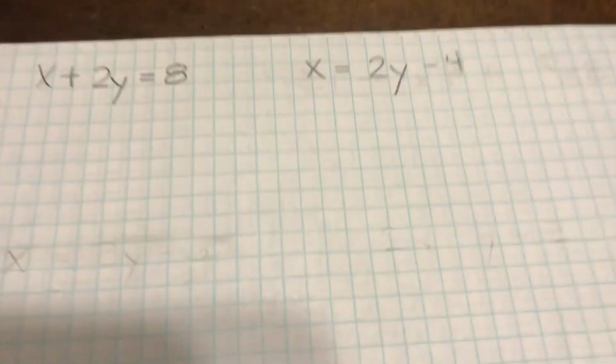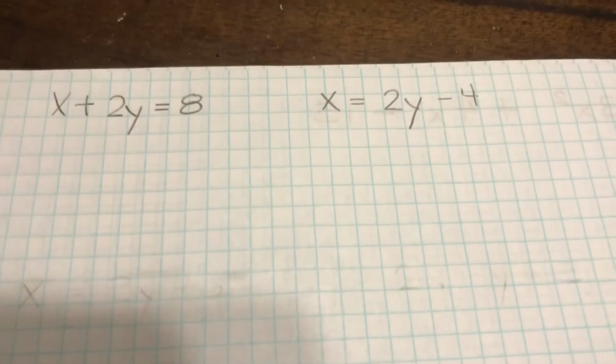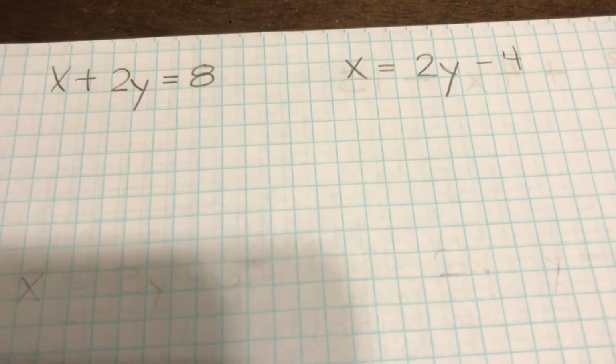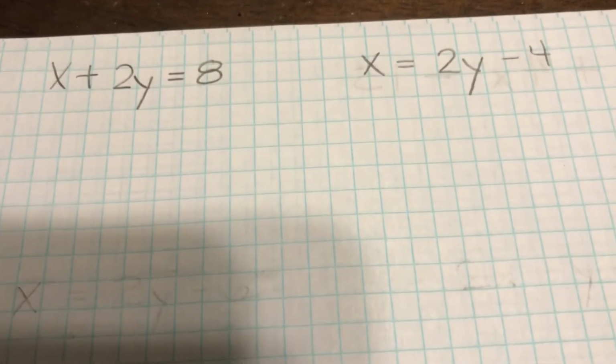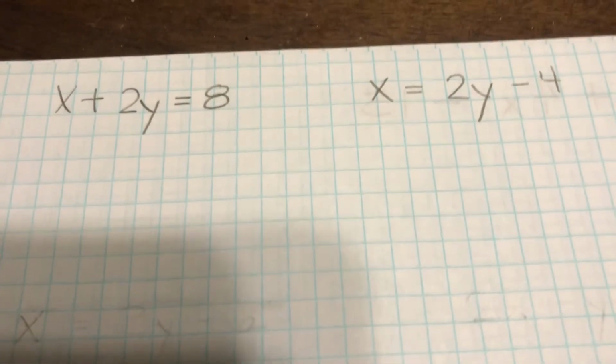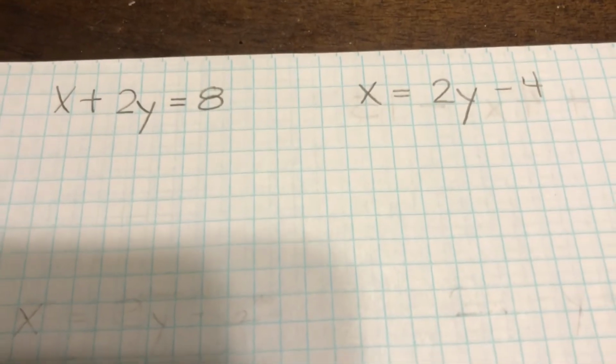Today we're going to continue solving systems using substitution. We have two equations since it's a system, and notice that we have one where x is isolated: x is equal to 2y minus 4.